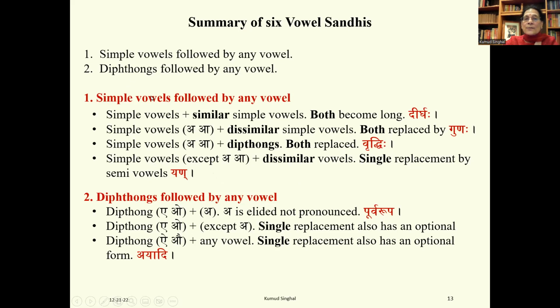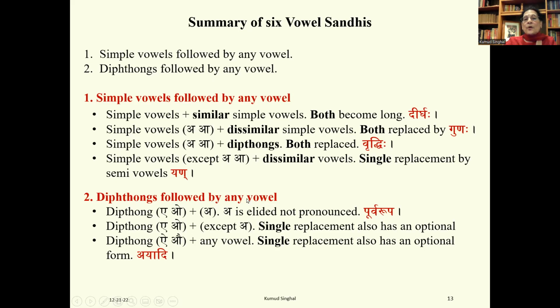So when simple vowels are followed by any vowel, you have Dirgha, Guna, Vriddhi, and Yan. And in these three, both are replaced, and in this one, there's only a single replacement.